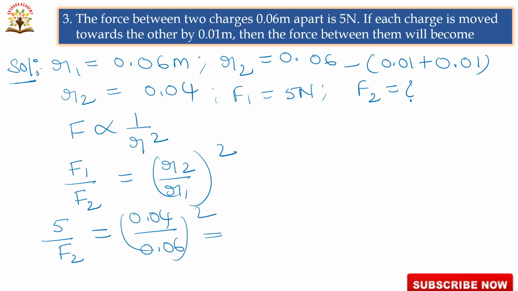So this becomes 5 by F2 is equal to (4 by 6) whole square. Now this can be written as 5 by F2 is equal to, here 2 2s are 4, 2 3s are 6, so 5 by F2 is equal to (2 by 3) whole square. (2 by 3) whole square is nothing but 4 by 9.